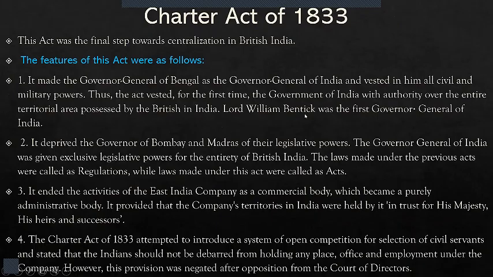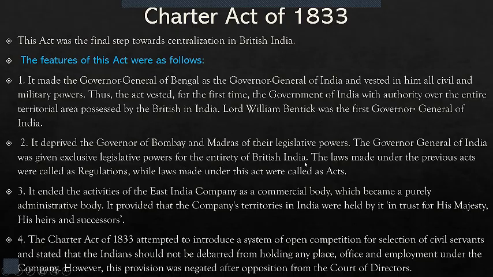The second was it deprived the governors of Bombay and Madras of their legislative powers. Obviously, the legislative powers were taken from the governors of Bombay and Madras, and the Governor General of India had exclusive legislative powers for the entirety of British India.